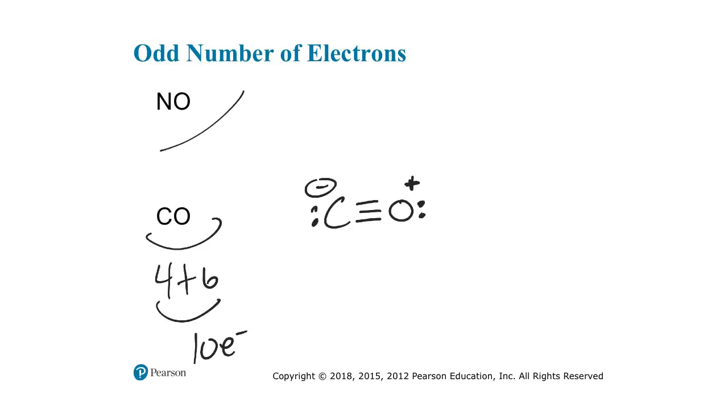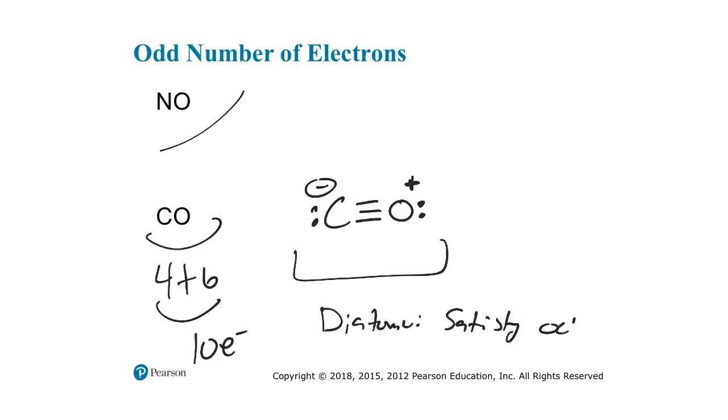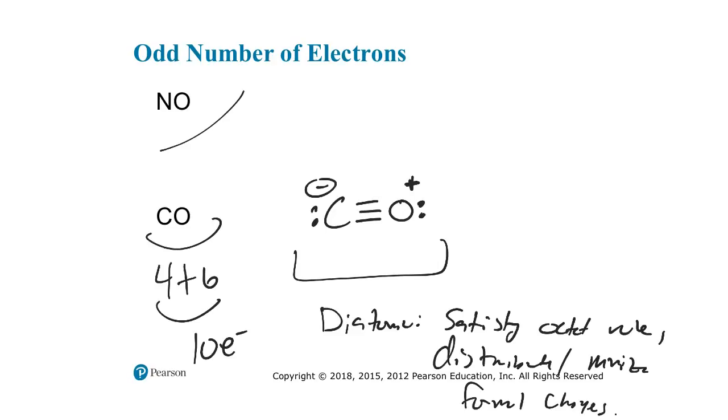So for diatomic molecules, we have to satisfy the octet rule, then distribute the charge. So we want to minimize the formal charges.